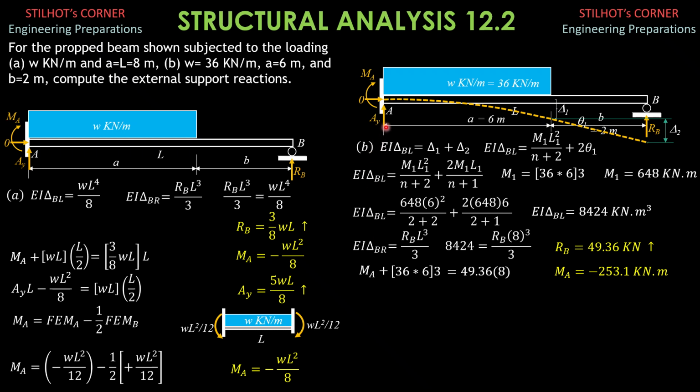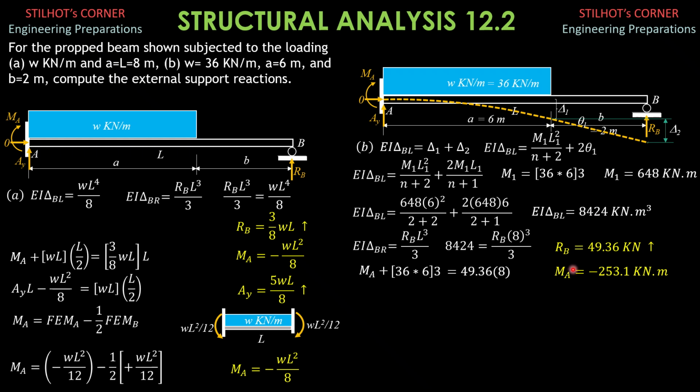Then for AY, just use moments summation. So summation moment at B, so that we can check equilibrium summation versus Y. We use that for checking, so that we can involve MA to make sure that MA is really correct. So AY times 8 plus MA, which is negative 253.1, equals moment of the load, which is 36 times 6, and the moment arm is half of 6, which is 3, plus 2, 5.